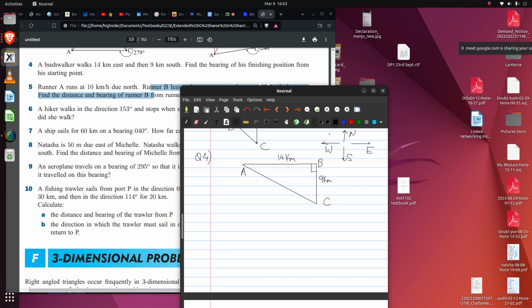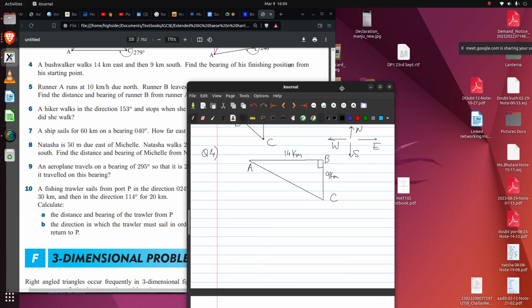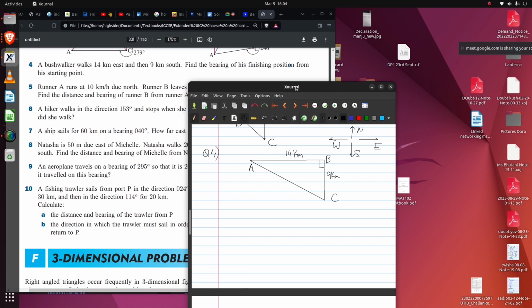So for Pythagoras it's a squared plus b squared equals c squared. Correct. But for bearing, I need the angles, right? To get the angle, why do I need the side? No, I don't need it. So, from which one do you want the bearing?